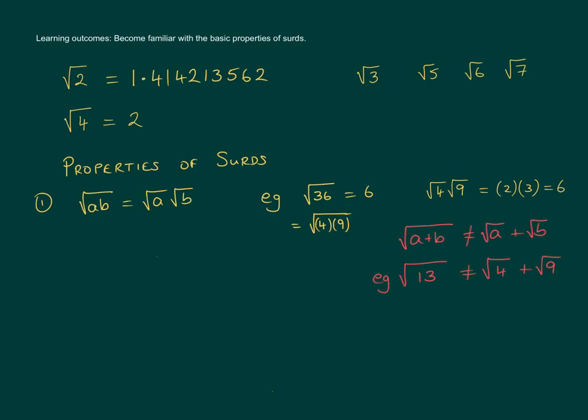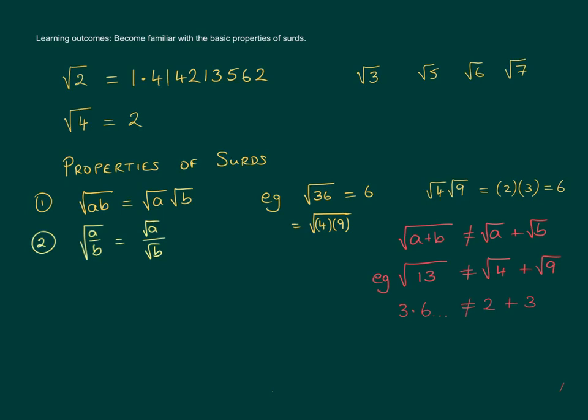The square root of 13 is roughly 3.6. It's an irrational number. It's a non-repeating, non-recurring decimal. So that does continue on. But we do know that the square root of 4 is 2, and we know that the square root of 9 is 3. Now clearly 3.6 is not equal to 2 plus 3. It's not equal to 5.